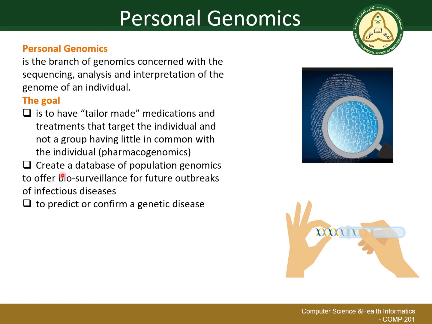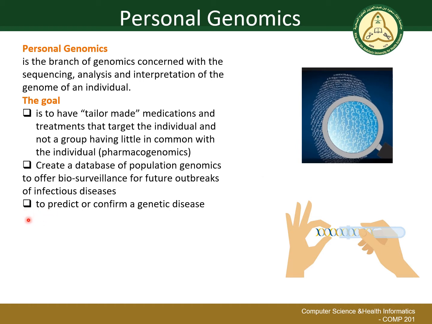The second goal is to create a database of population genomics to offer biosurveillance for future outbreaks of infectious disease. So they will have a database that has all the information about the population genomics, which will help to monitor the changes in the genome after infectious diseases and epidemic outbreaks.